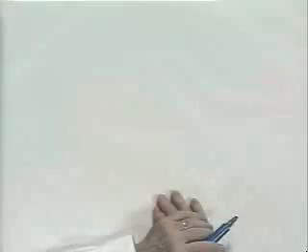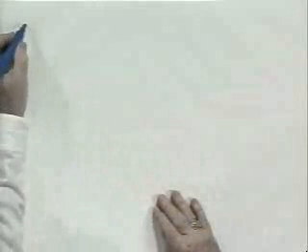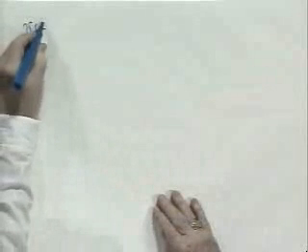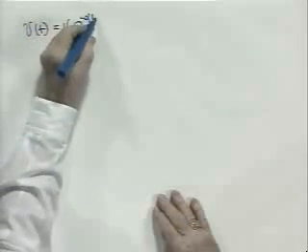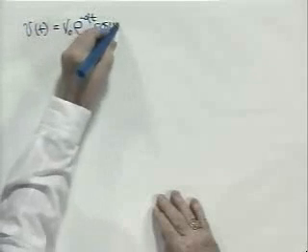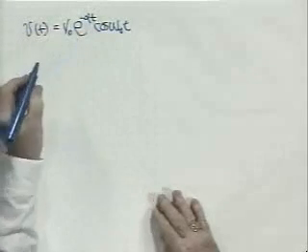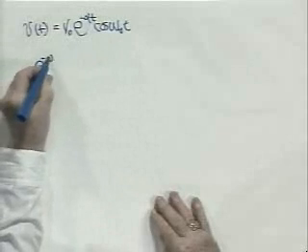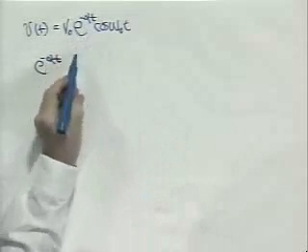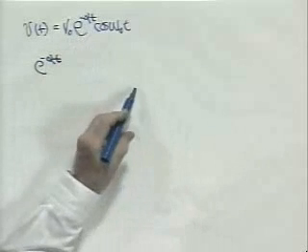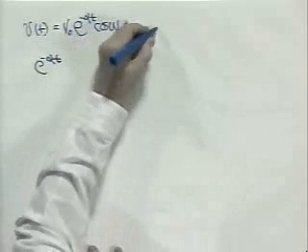It's possible to give a slightly different and useful interpretation to Q as well. If you look back at the voltage, V of t, V0 e to the minus alpha t cosine omega naught t, and focus on the e to the minus alpha t term for a moment, let's ask how much the e to the minus alpha t changes in Q cycles.